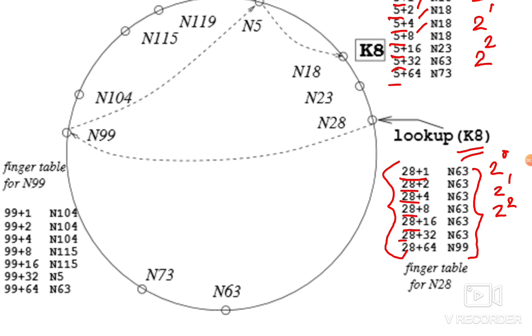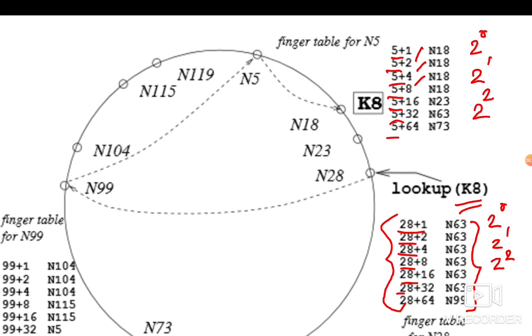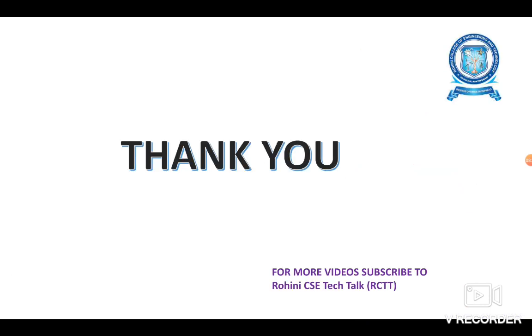N104, N115, N63 are all unsuitable for the key 8, so we decided to forward the query to N5. Again we look at the finger table of 5 in order to map the key 8, and we conclude that 8 is mapped to the node N18. Like that you have to find the entry for the key. With this we are concluding the topic Chord protocol.